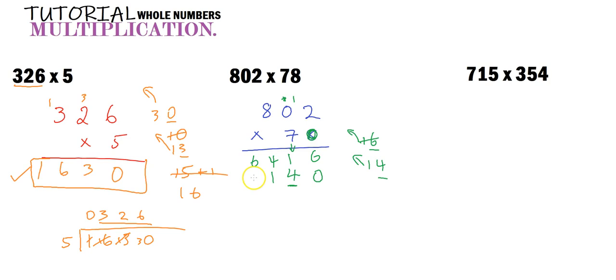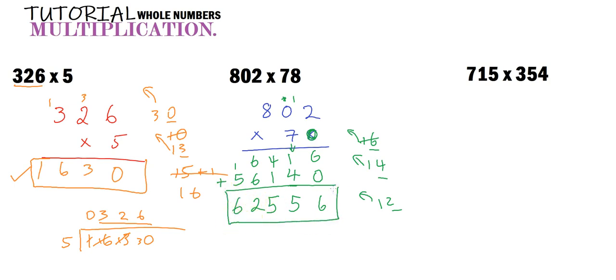And 7 times 8 is 56. Put that down. And now all we have to do is add up each row in columns. So 6 plus 0, 1 plus 4, 4 plus 1, 6 plus 6, that's 12. So the units digit goes here, the ones digit gets carried over to the next column, and 5 plus 1 is 6, and that is the answer.